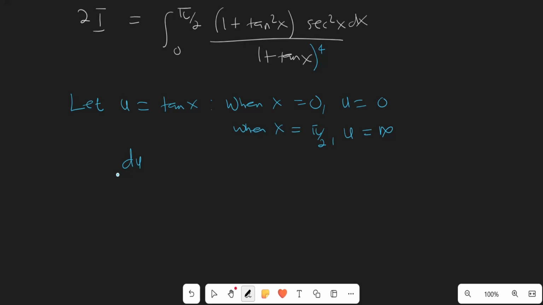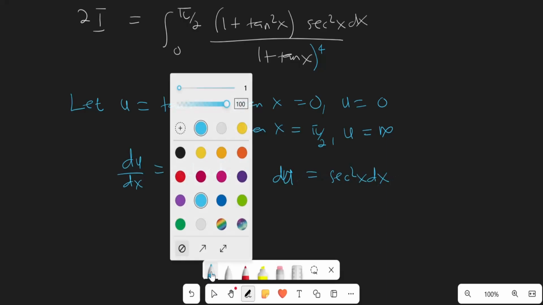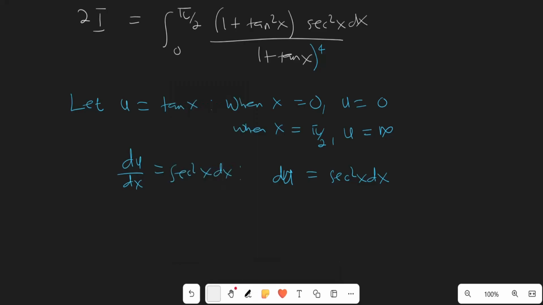So our integral, we have du dx is going to be secant square x dx. In that case, du is going to be secant square x dx. So we can take our integral from the x world into the u world now.